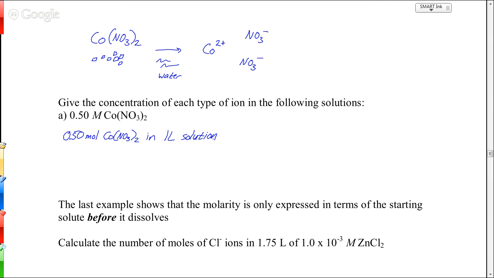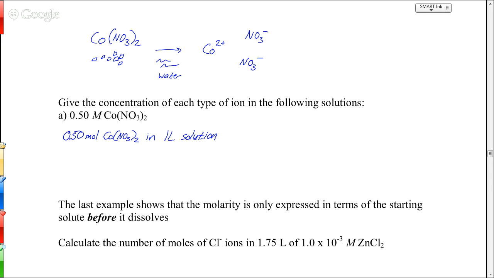If there were 1 cobalt nitrate, just one of them, how many cobalts would there be there? Just 1, right? And how many nitrates would there be? 2. So if we had a mole of cobalt nitrate, how many moles of cobalt ions would there be? Just 1. And how many moles of nitrate ions? 2, right. So we have half a mole of cobalt nitrate. How many moles of cobalt ions are there?